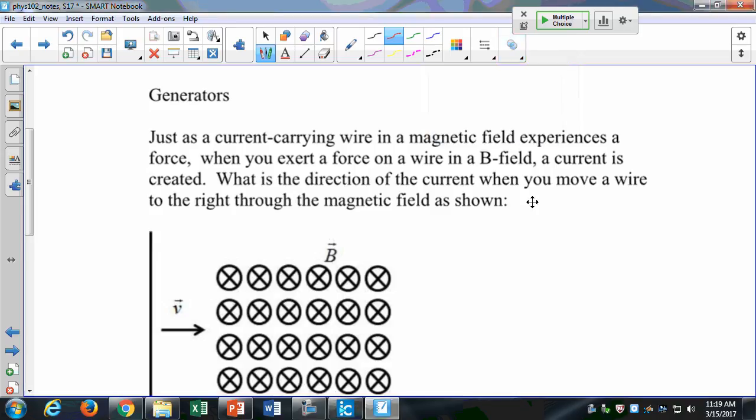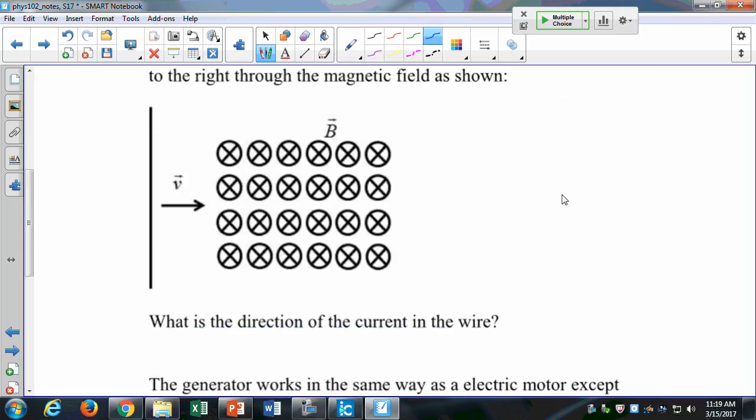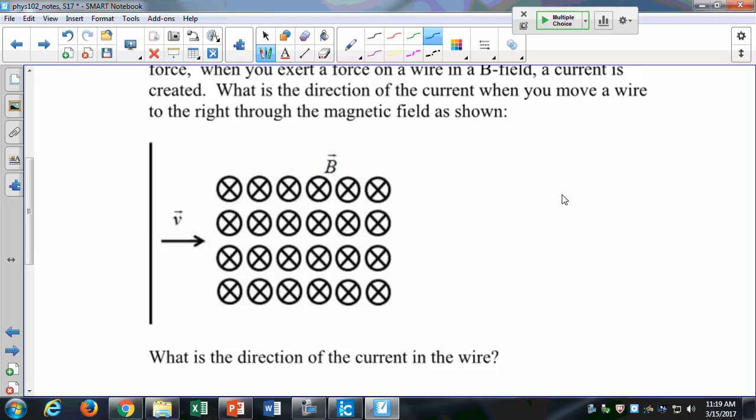So we sort of talked about this before, but if I move a wire through a magnetic field, I want to know what is the direction of the current in the wire. I can think of this wire as having protons in it. As my wire moves into that magnetic field, those protons have a velocity to the right, and they're going into a magnetic field that's into the page.